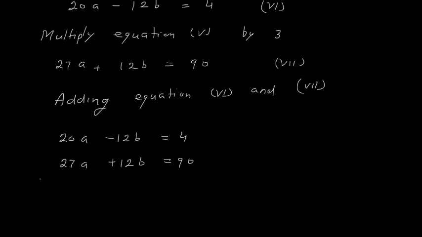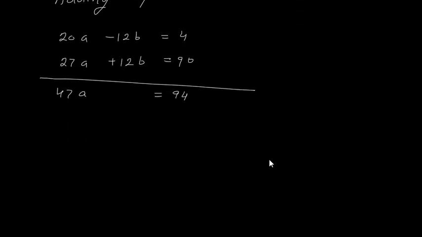After adding, the b part will cancel. 20 plus 27 is 47a, 90 plus 4 is 94. Therefore a is equal to 94 divided by 47, which is 2. So the value of a is 2.